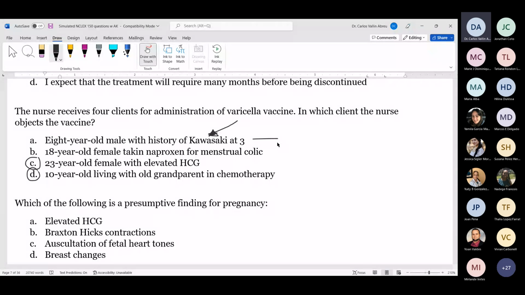But at the moment of the disease he was 3 and now he is 8, so the disease was 5 years ago.